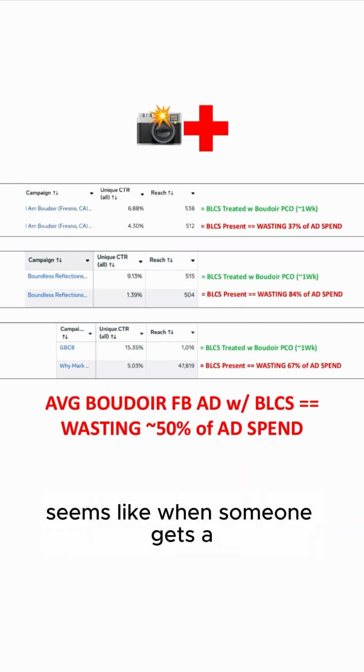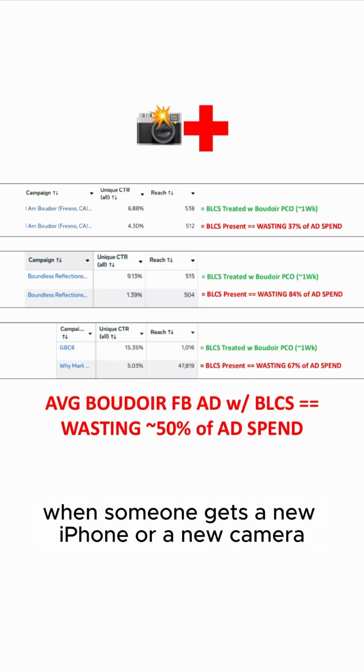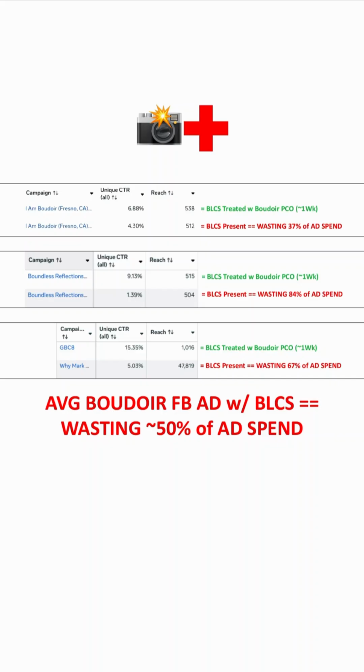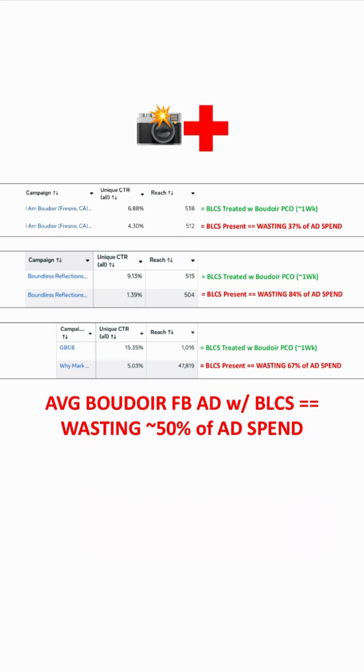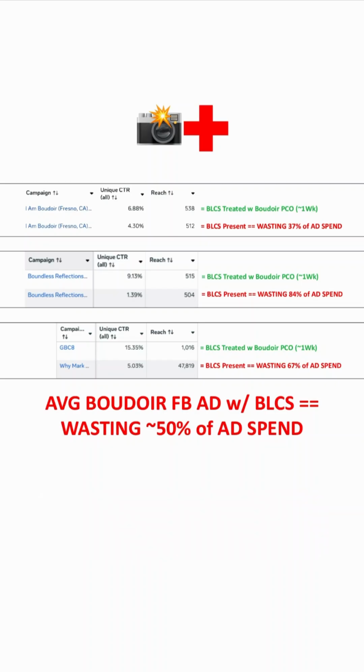Seems like when someone gets a new iPhone or a new camera, they're throwing up their Google My Business profile. And so you've decided you gotta get this done now, gotta pull this profit out now, and become more efficient now, so you can get on the way to becoming the number one boudoir photographer in your city.